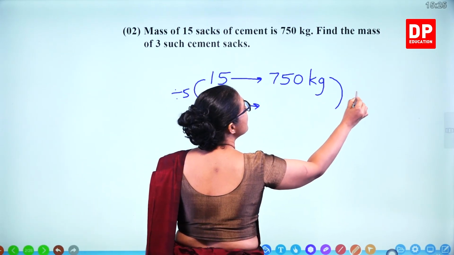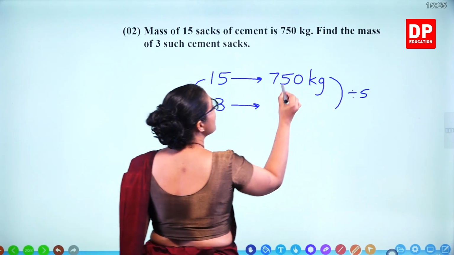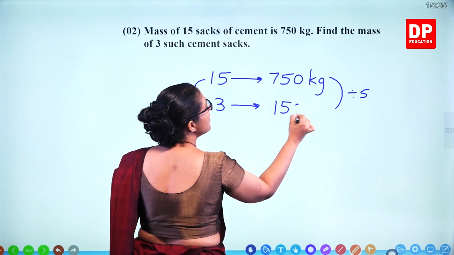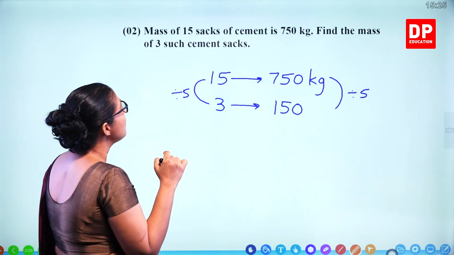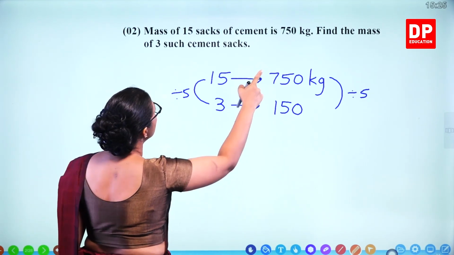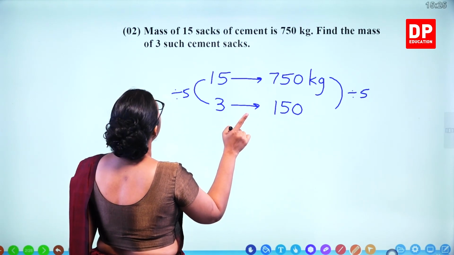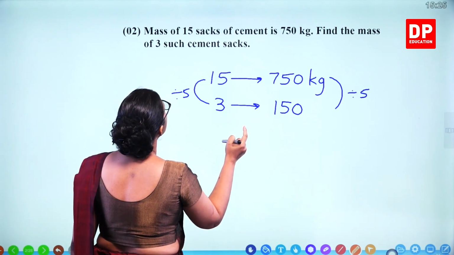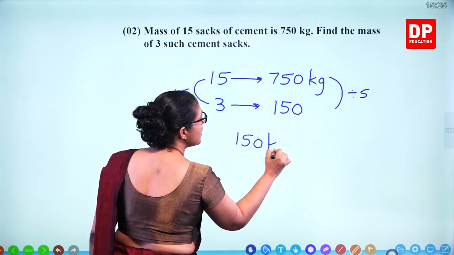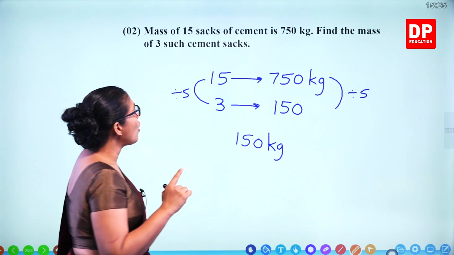Divide by 5. You get 5 times 1, 5. For 25, that's 5. So 150 kilos. So you get the right mass of 3 such cement sacks, 150 kilos.